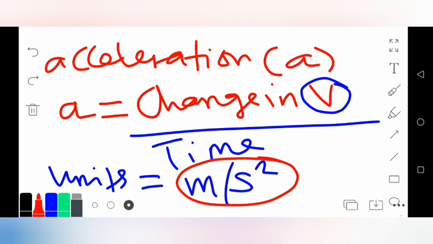Now, how can we find all these things: the distance, the speed, as well as the velocity? I'm going to give you some of the concepts that you need to understand.